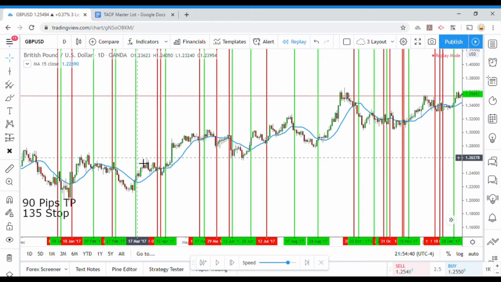So, obviously, it does not meet the criteria that we're looking for, and it is giving us a whole bunch of signals. Of course, we could increase the time frame of the moving average. That will give us fewer signals and could give us a little bit better signals.